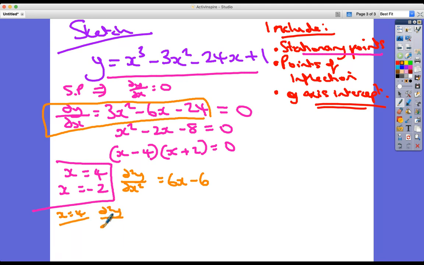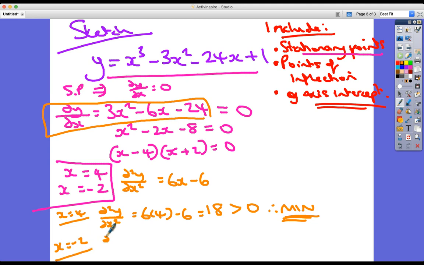D squared y by dx squared is 6 times 4 minus 6, which is equal to 18, definitely positive, therefore that's a minimum. And if I put -2 in, d squared y by dx squared is 6 times -2 minus 6, which is -18, which is negative, so therefore that's a maximum point.